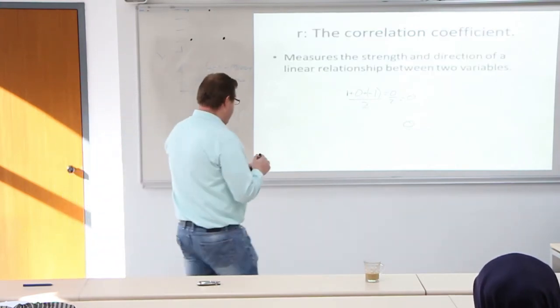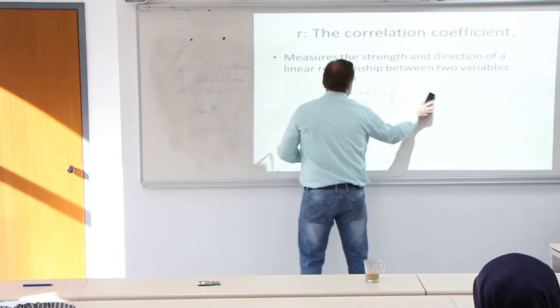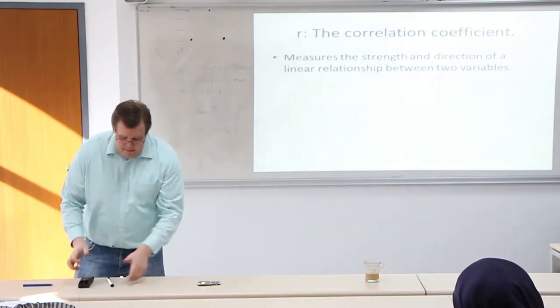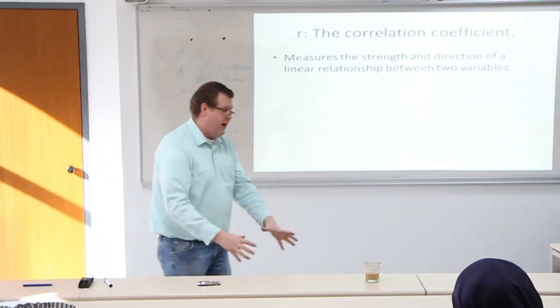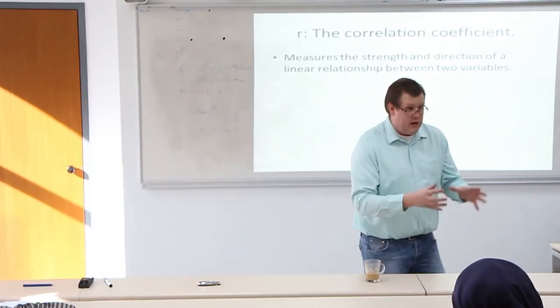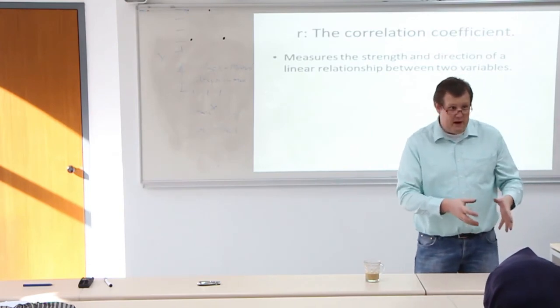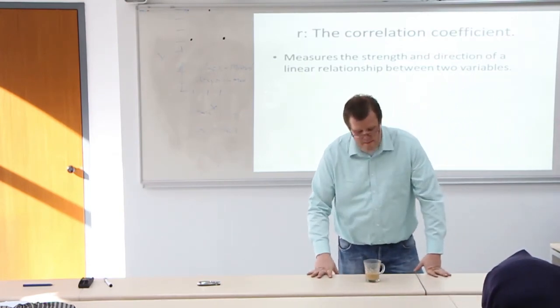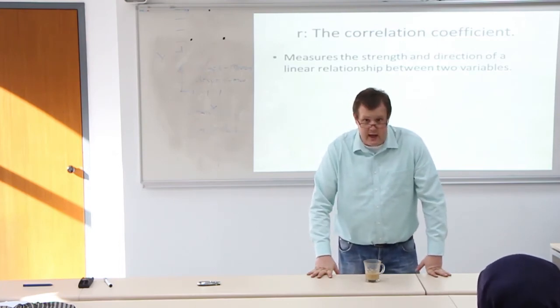Okay, so R, this is known as the correlation coefficient. Basically it's a measure of how much the variables vary together compared to how much they could maximally vary together, right?